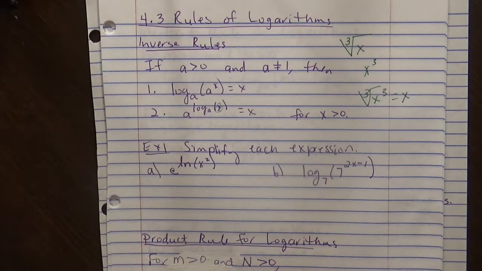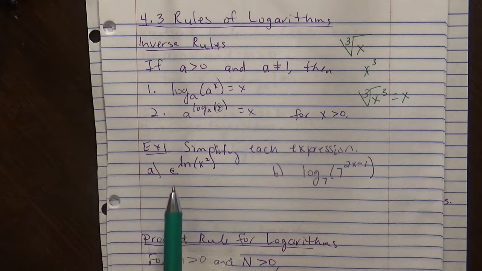We're asked to simplify each expression. Part A, we're going to calculate e to the ln of x squared power. Remember, e is that irrational number that we discussed in section 4.2. We know it's approximately 2.71, I believe. Let me double check on that. Yes, it's approximately 2.718.